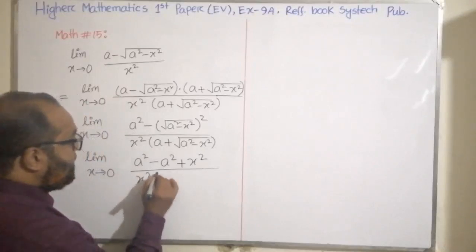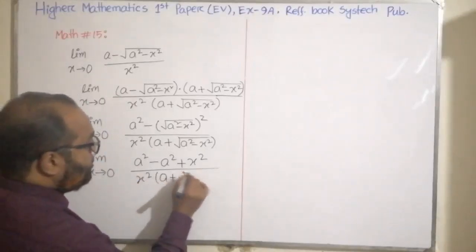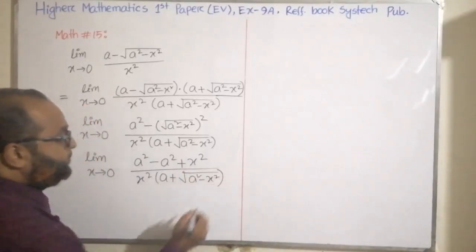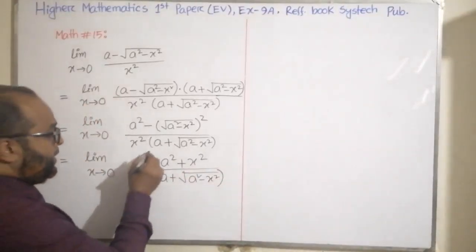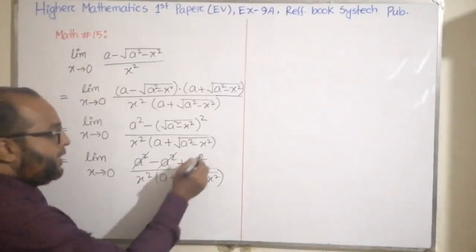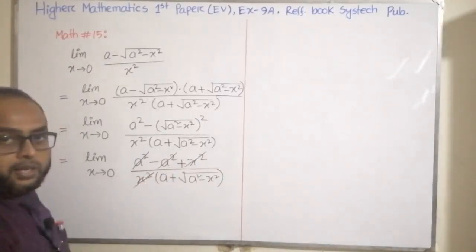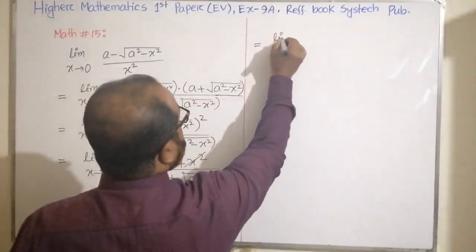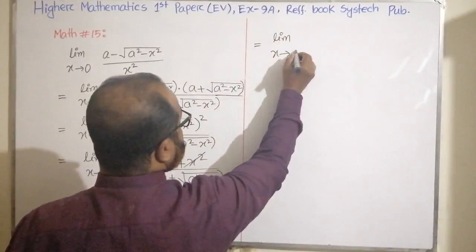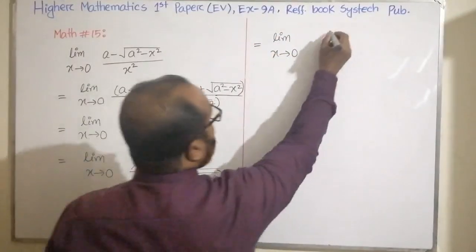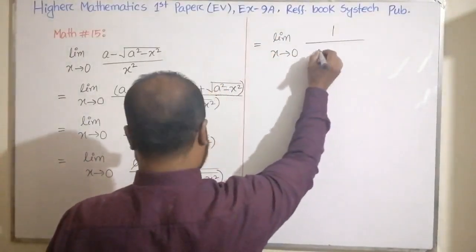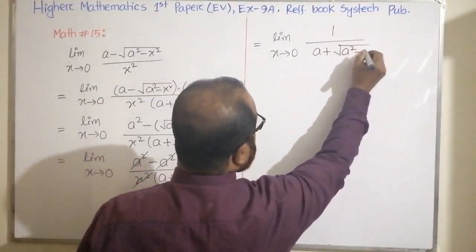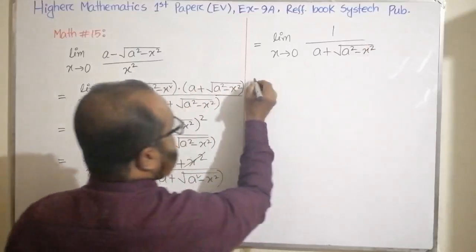Here x square into a plus root over a square minus x square, and here a square minus a square cancelled, and x square also x square cancelled. We can write this equals limit x tends to 0, 1 divided by a plus root over a square minus x square.